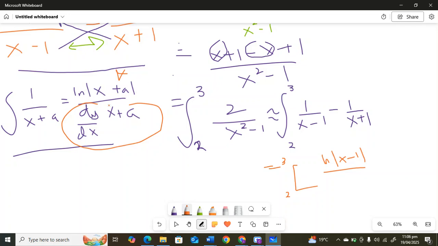Yeah, so it's like you're doing integration and differentiation, basic. But just remember, colleagues, if you have a linear factor here, x to the power 1 at the bottom, just get the natural log and you derive.